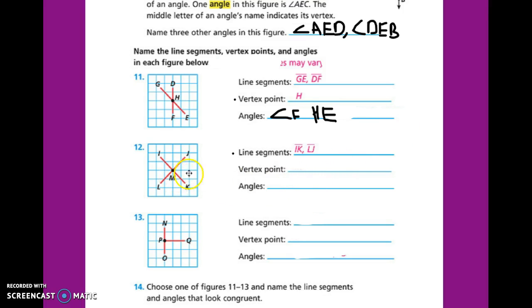The vertex in this case is M, the middle point, and an angle, choose one of the angles listed that matches an angle in here. So if you chose any of these angles, you were right on. So angle IMJ, angle JMK, angle KML, or angle LMI.